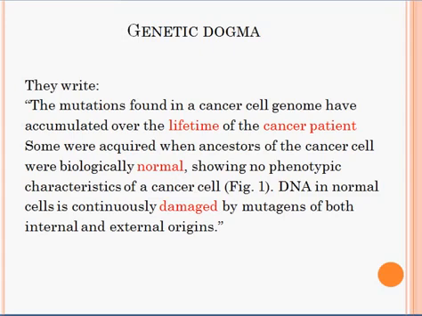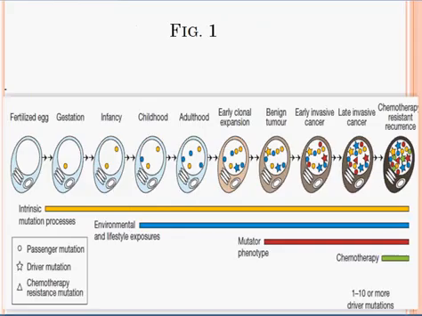We shall see immediately in figure 1 what they mean. DNA in normal cells is continuously damaged by mutagens of both internal and external origin. So let's look at figure 1. It is a summary of current medical dogma, what cancer is about. Here you have a fertilized egg, and as we grow, we accumulate mutations.